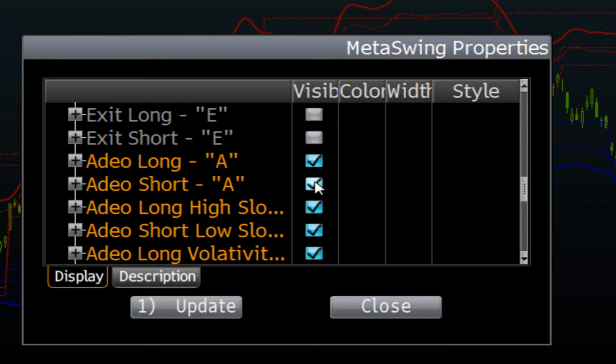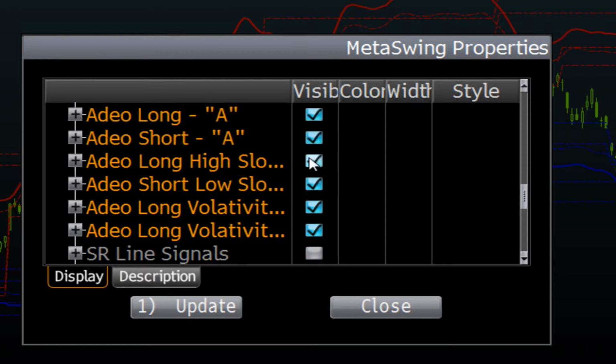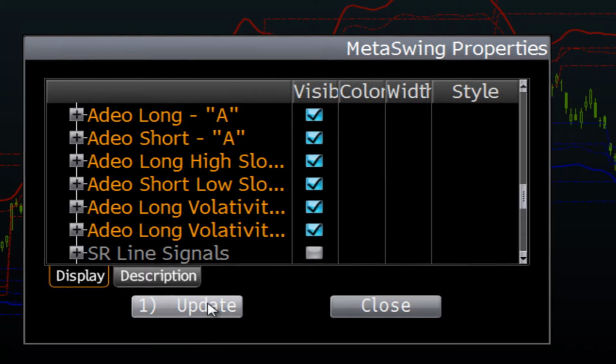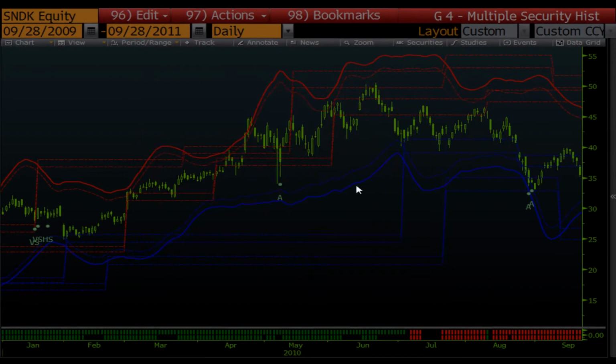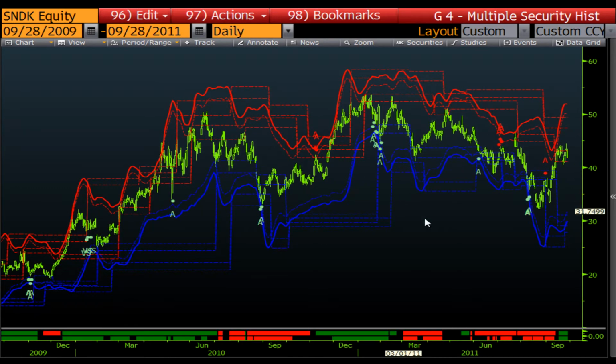Adeo long and short, that's checked for the actual symbols. And then for the long high slope, low slope, and volatility shift signals, check these boxes. Then all those will be on. Hit update, and there you go.